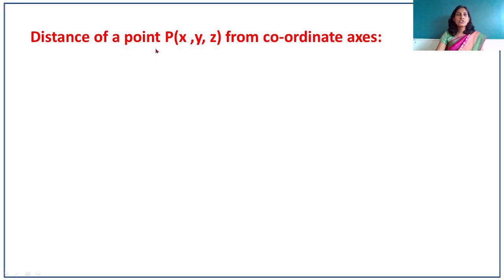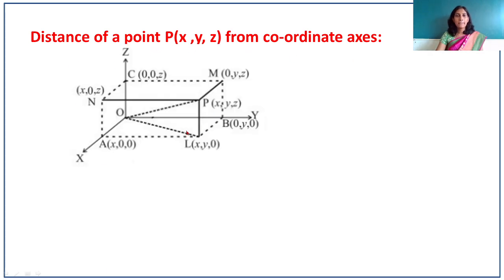Then the distance of a point from the coordinate axes. These are the coordinate axes x, y and z, and we have to find the distance of this point from the coordinate axis.